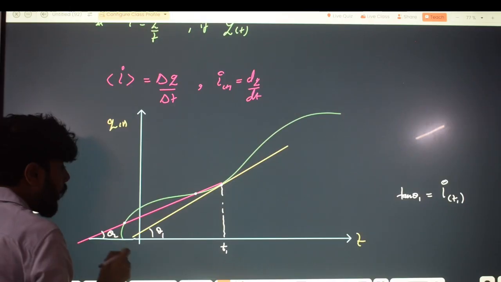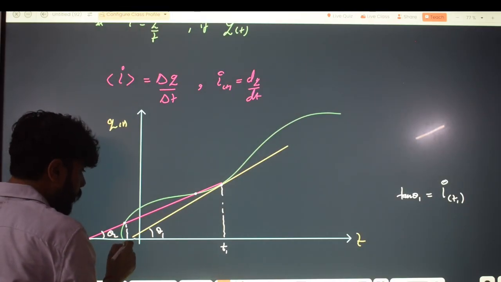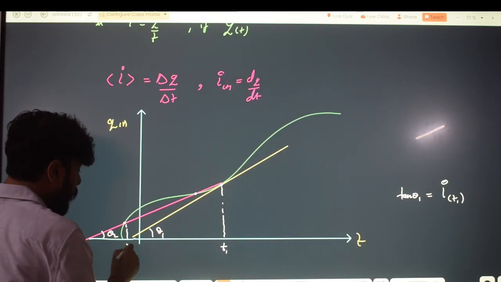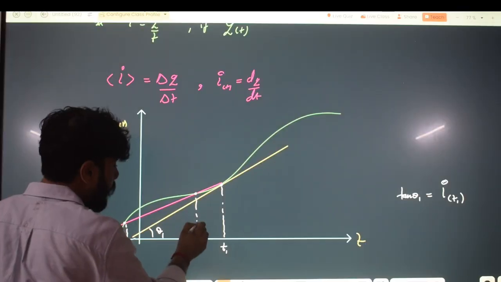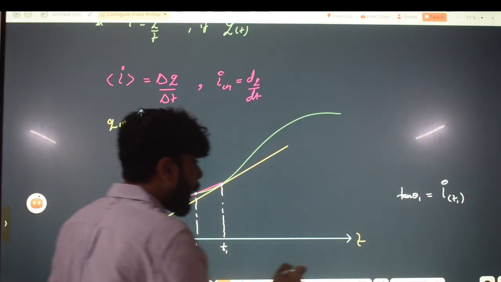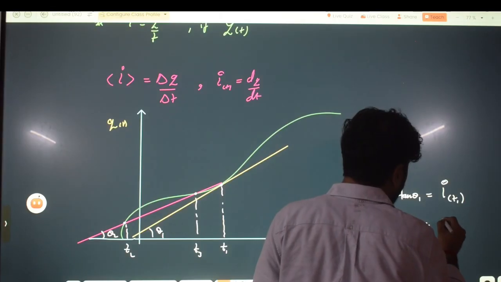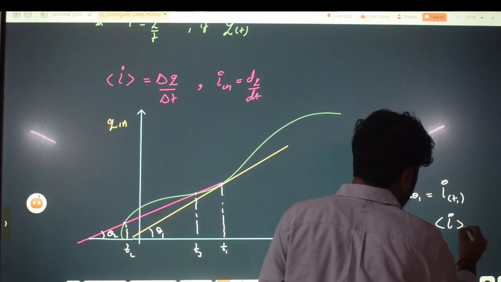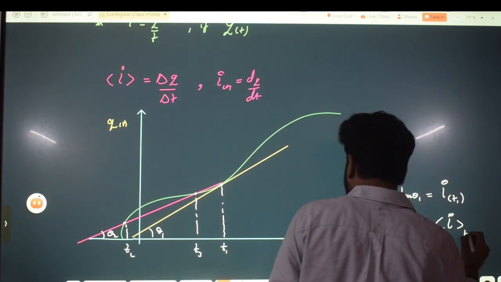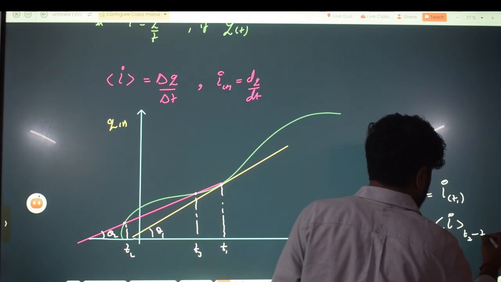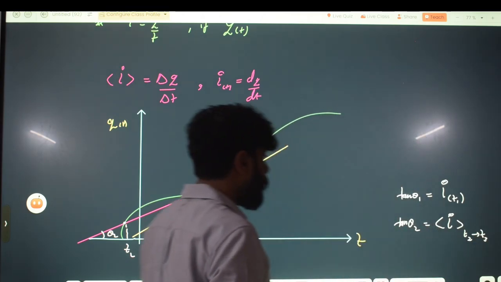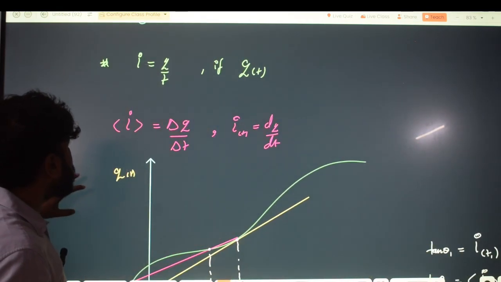Let's call it theta 2, and the times let's call t2 and t3. So if you calculate tan theta 2, that will give you the average current between t2 and t3.